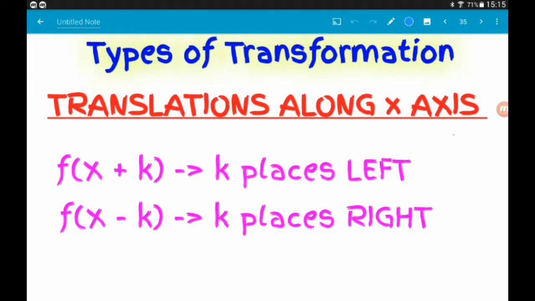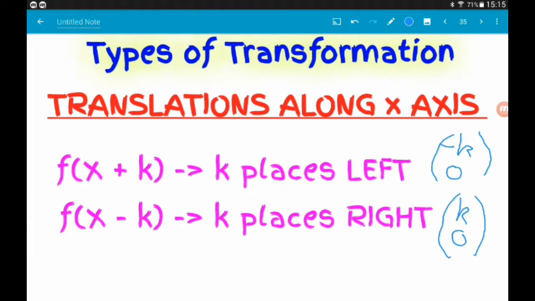So the translation vector for that is (-k, 0). Or if we had f of x minus k, that moves our graph positively to the right. So the vector would be (k, 0). So like I said, a little bit counterintuitive. Probably works in the opposite way that you expect it to.